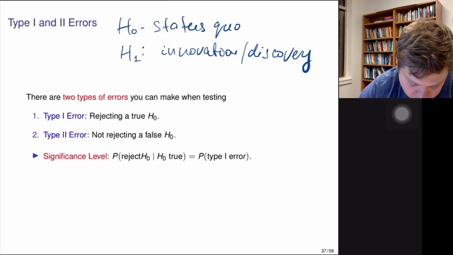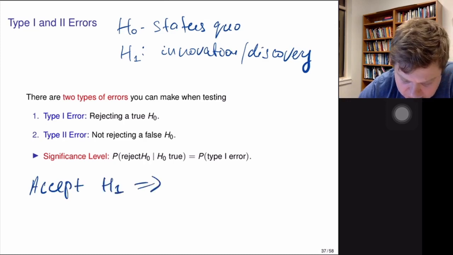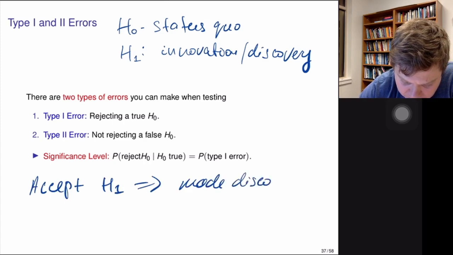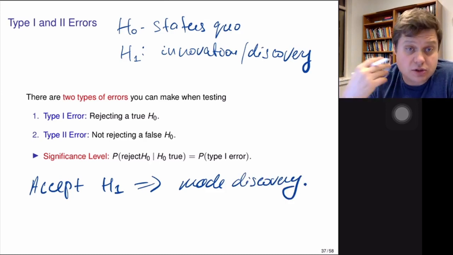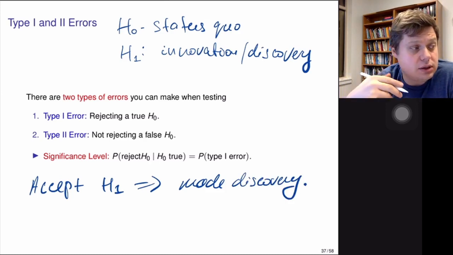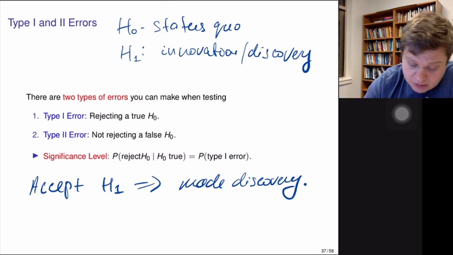So when we accept H1, we made a discovery. It means we found out something that was not status quo.